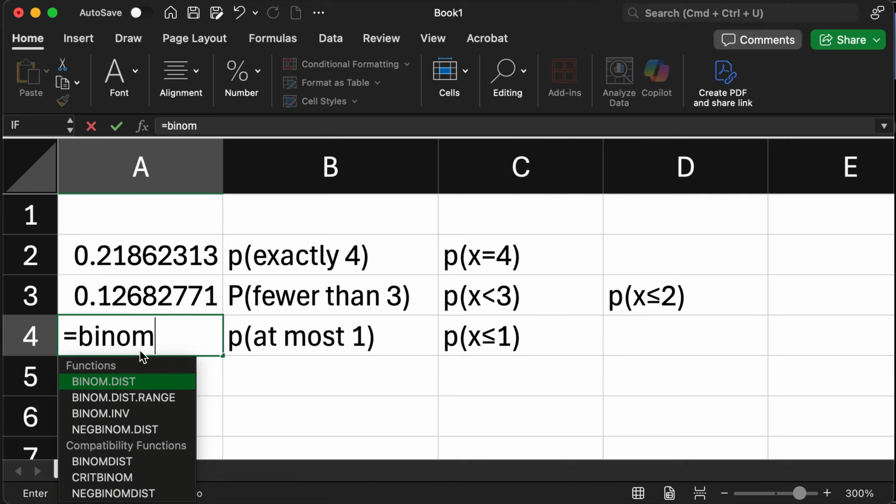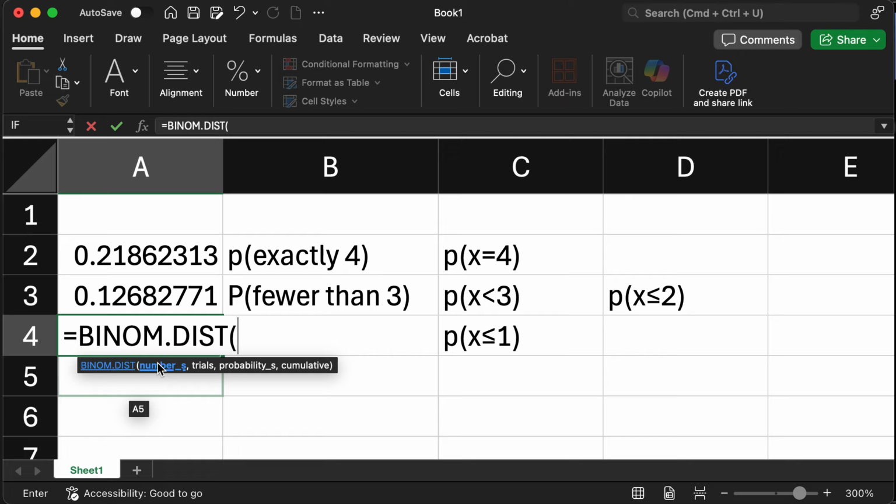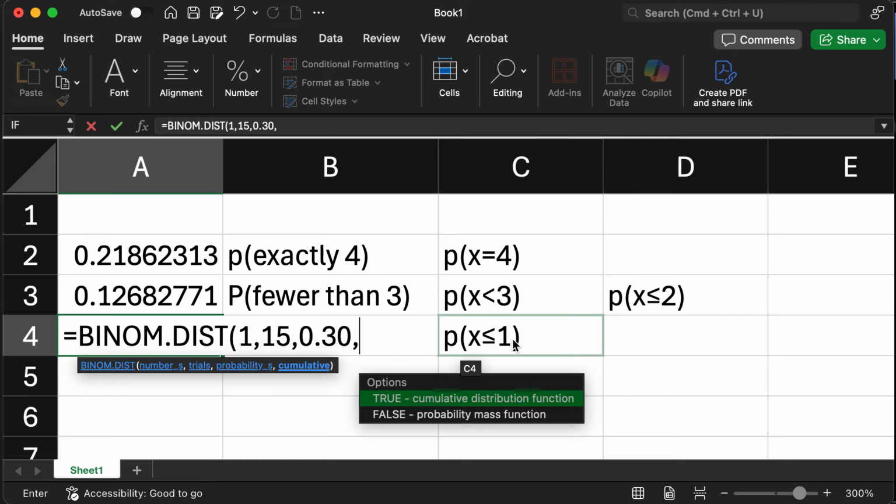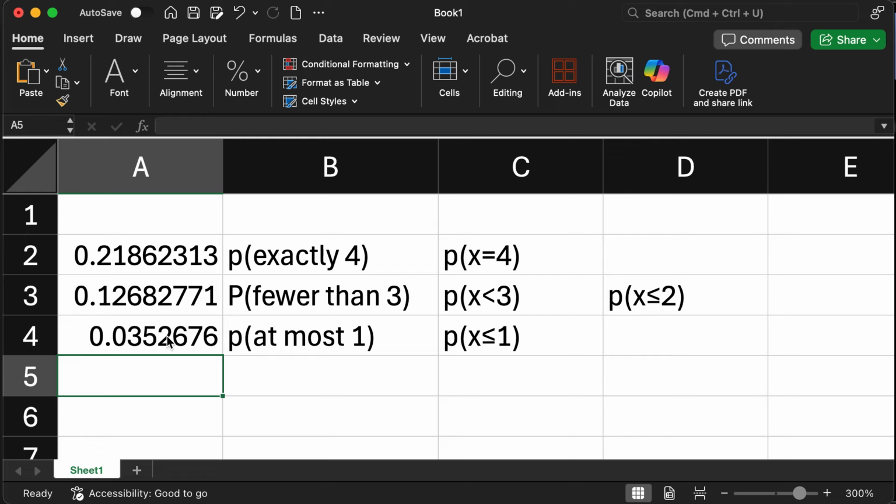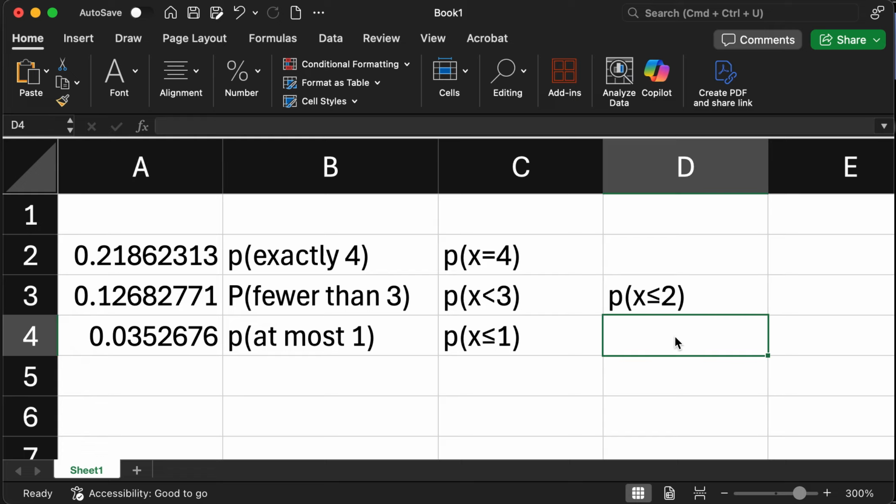My command is binomial distribution. My key number in this case is 1. I'm looking for X less than or equal to 1. My number of trials is still 15. My probability of success is still 0.30. And do I want cumulative? Yes. This is the probability of at most 1. Remember, I have to subtract it from 1.